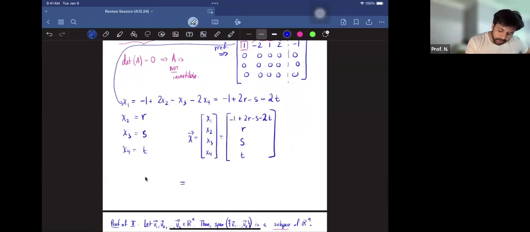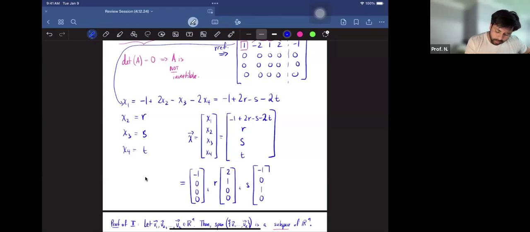If I separate this out, I get -1, 0, 0, 0, plus r times 2, 1, 0, 0, plus s times -1, 0, 1, 0, plus t times -2, 0, 0, 1.